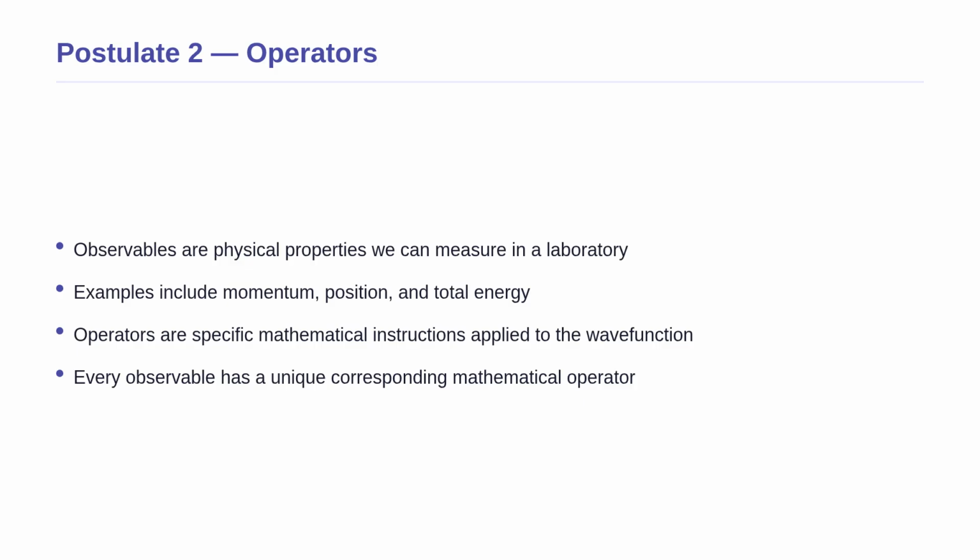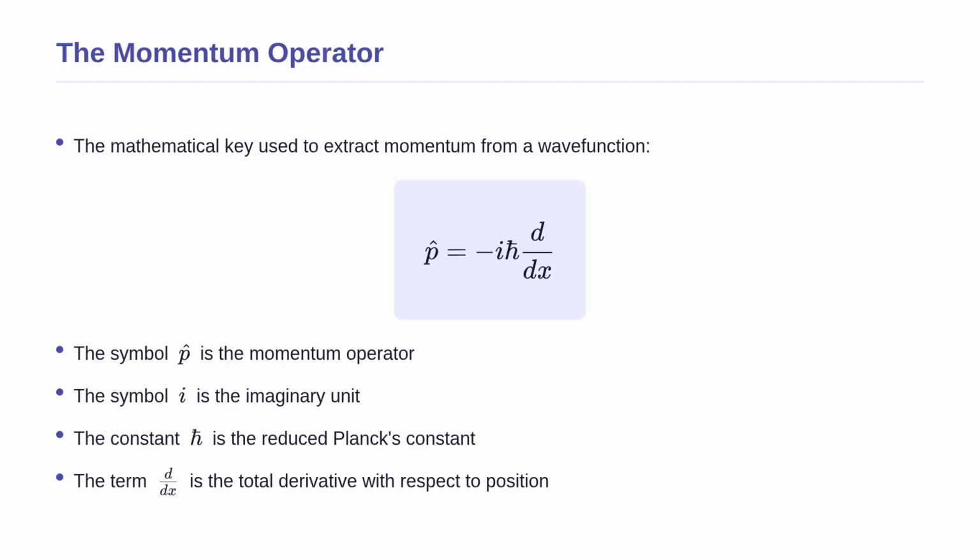An operator is a specific mathematical instruction, like taking a derivative, that we apply to the wave function. For every observable, there is a unique mathematical operator assigned to it, acting as a specific key to unlock the folder. Let us look at a specific mathematical key used to extract momentum.